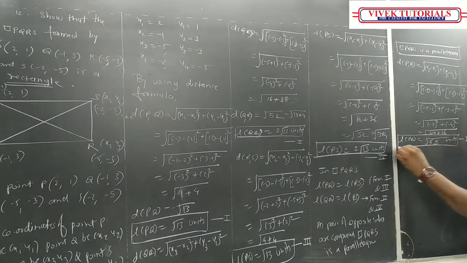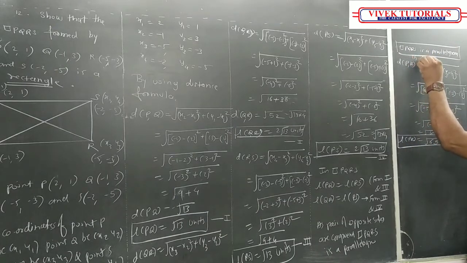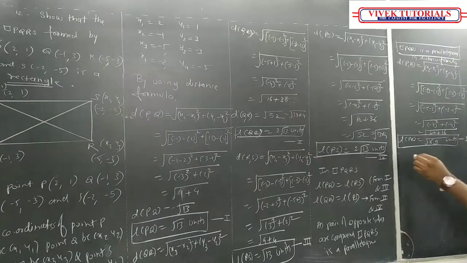This is length PR, and here you can write the distance formula. No need to write over here. Now it is QS.